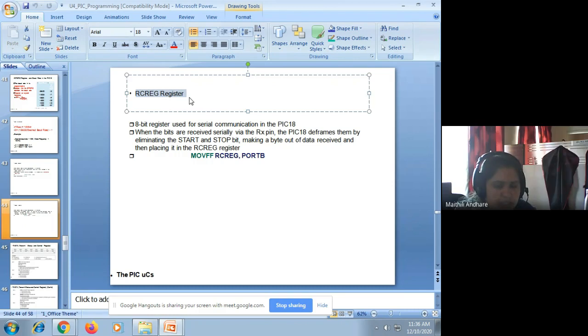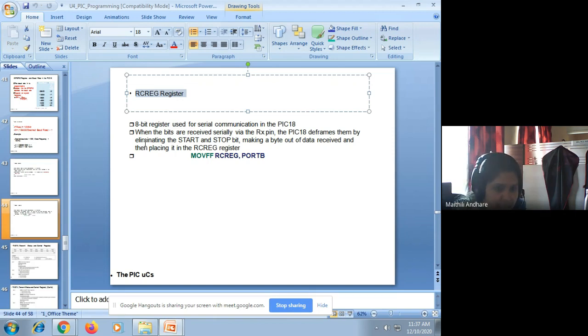The job of these two registers is performed in the 8051 microcontroller by a single register, that is the SBUF register. Whatever data you want to transmit, you load in SBUF, and whatever data you receive is available in SBUF.